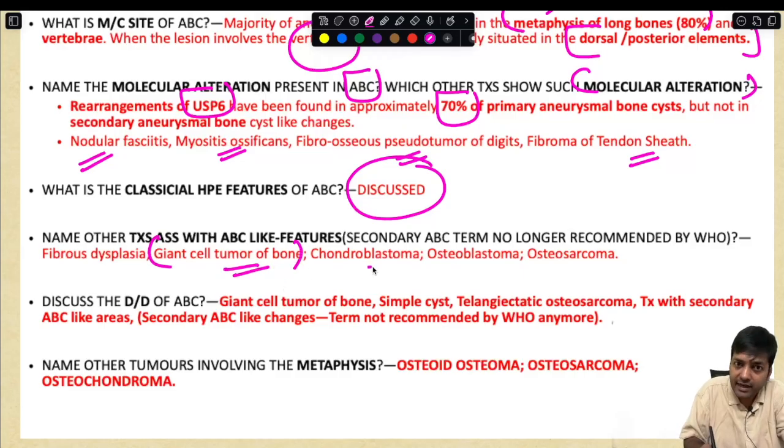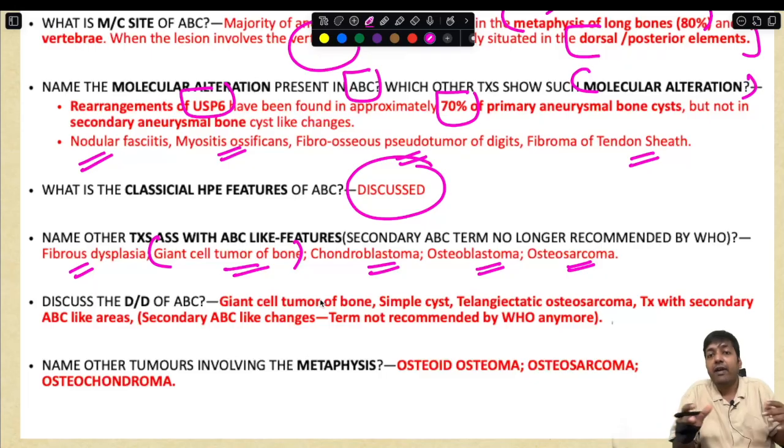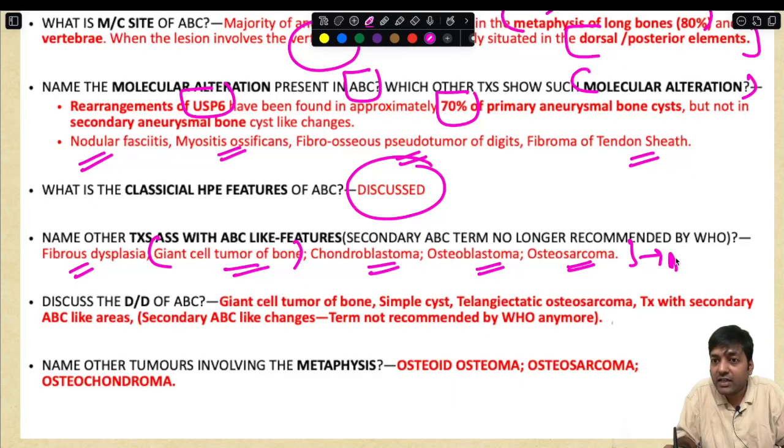It can occur secondarily in chondroblastoma, osteoblastoma, osteosarcoma, or fibrous dysplasia. So these are the conditions where there can be secondary ABC-like changes, but they are not ABC, because the ABC-like changes present secondary to these tumors or lesions will not contain USP6 gene rearrangement. Remember this point very carefully.